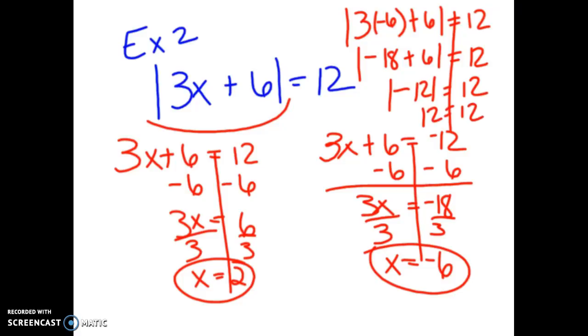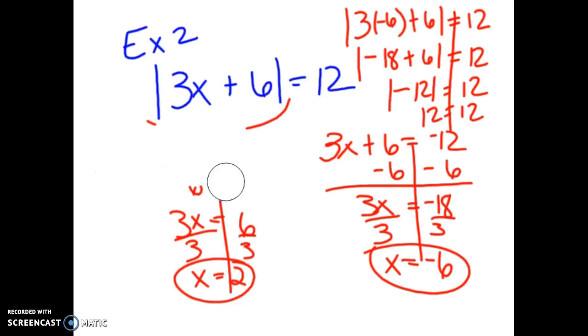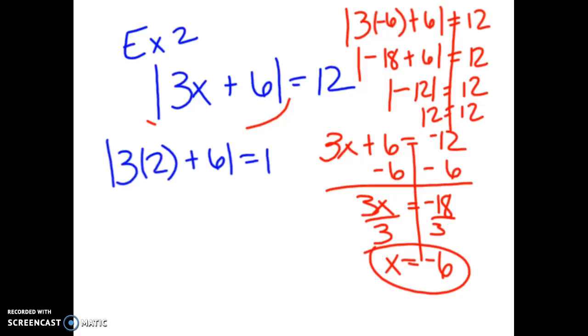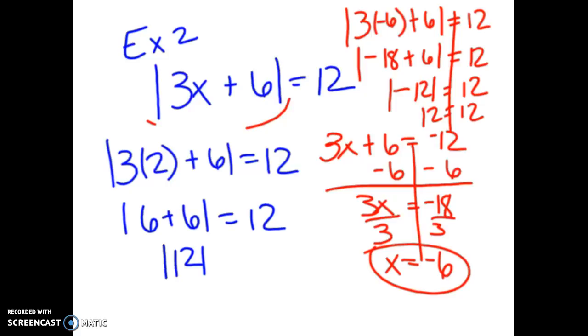Now if we try it again, we have the absolute value of 3 times 2 plus 6 is equal to 12. So 6 plus 6 is 12, and the absolute value of 12 is 12. So notice that they both work.